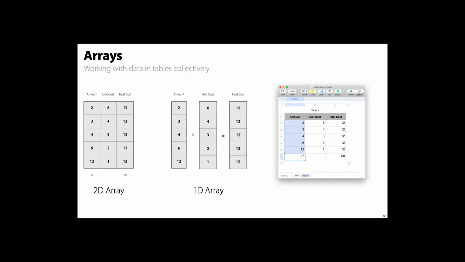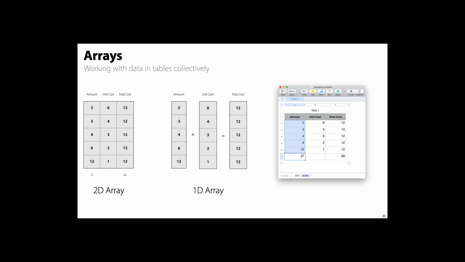Arrays are a big deal in Julia because they're important for scientific work. We tend to work a lot with tables of data. So you can think of this as a spreadsheet like Microsoft Excel or Pages, as I'm showing you here.